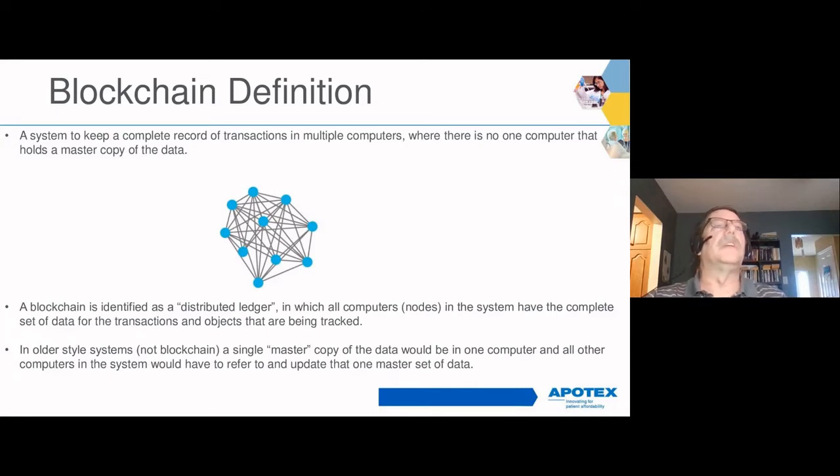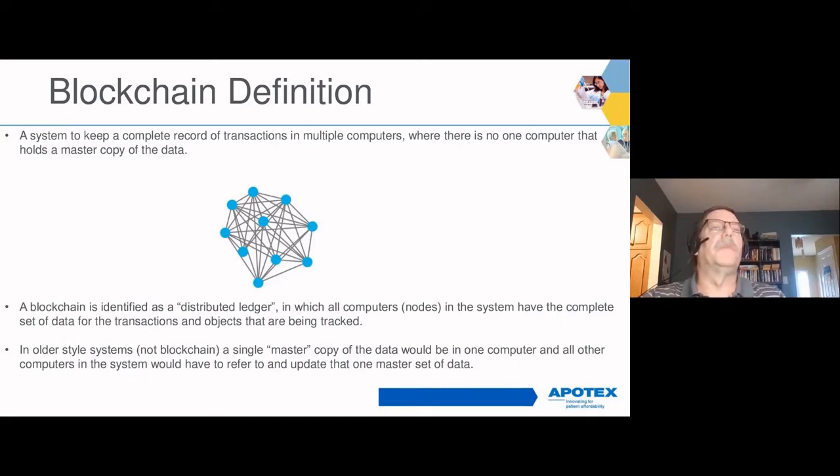In comparison, an older style system that's not a blockchain would have a single master copy of the data that would be in one computer, and any other computer that wanted to access the data would have to go to the computer that's doing the master set.